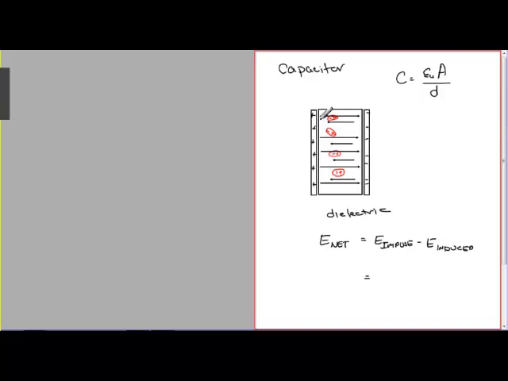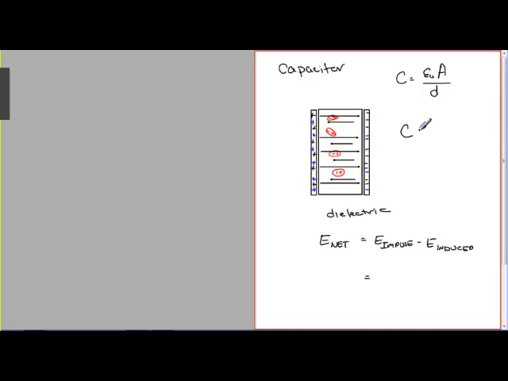And because of that, what's limiting how much charge can be on these plates is the electric field between these two. So since the net electric field is less now, we can put more charge on each plate, and so we store more energy for a given voltage that's applied.